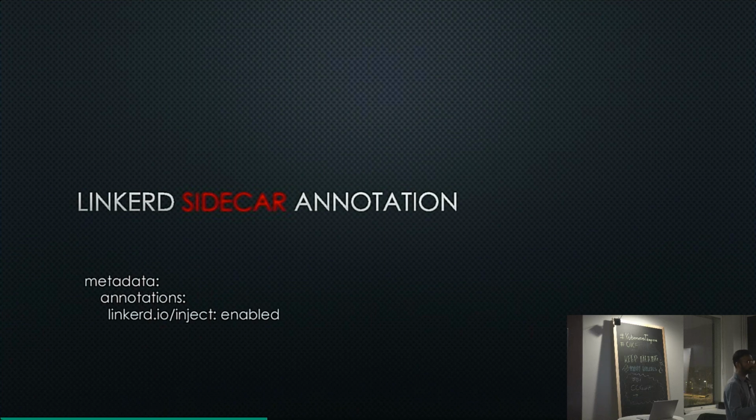It's quite transparent. You really don't have to do anything about it. All you have to do is apply this particular annotation to your deployment, to your pod, to your namespace, whatever requires meshing. Linkerd will pick it up and inject itself, modify the iptables of your container, and route everything through Linkerd. So that's the sidecar annotation. It's very transparent and works beautifully out of the box.